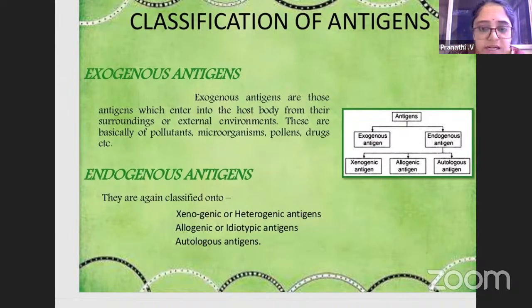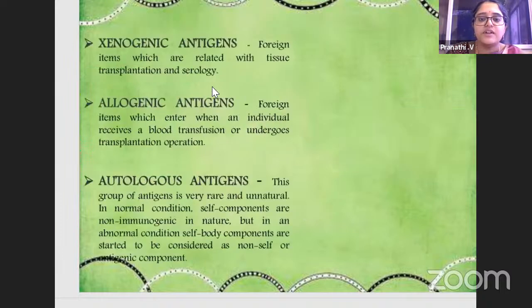Now, what are endogenous antigens? They are either xenogenic or heterogenic, allogenic or idiotypic, or autologous antigens. Xenogenic antigens are present especially when somebody undergoes a surgery for grafting.